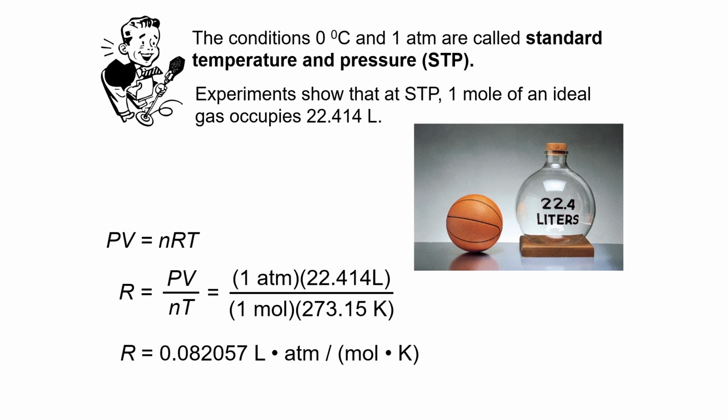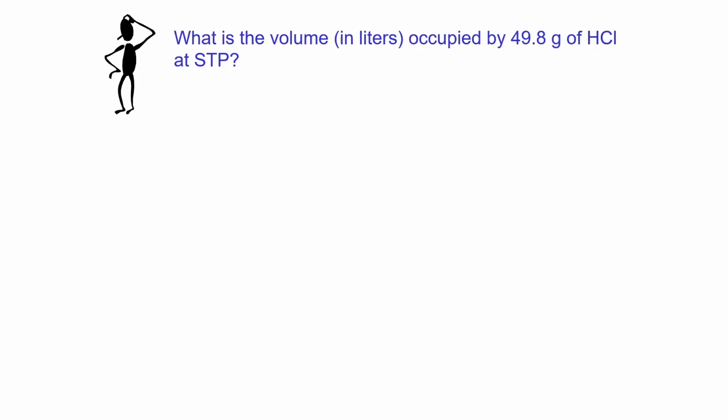Let's close out by doing a little practice applying the ideal gas equation. Notice that this equation allows us to relate all four of the properties of gases. So let's ask, what is the volume in liters occupied by 49.8 grams of HCl at STP?